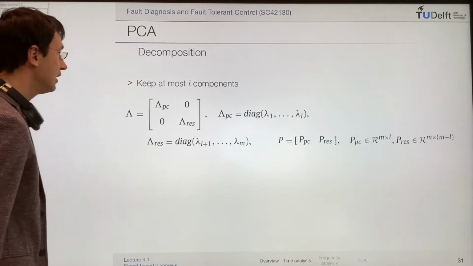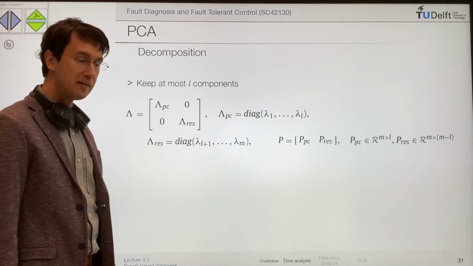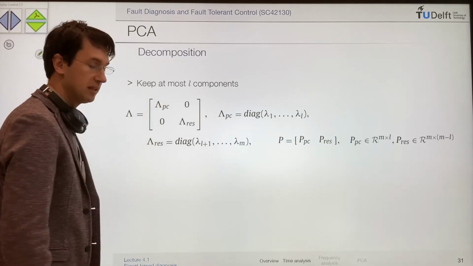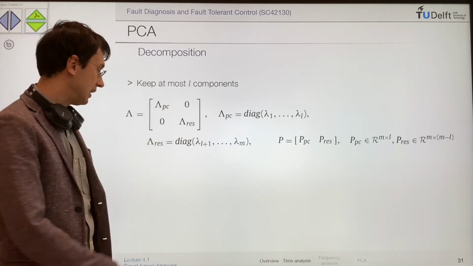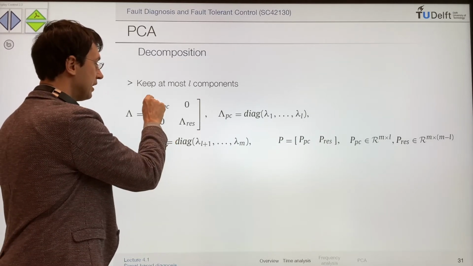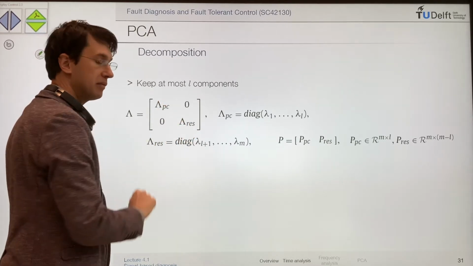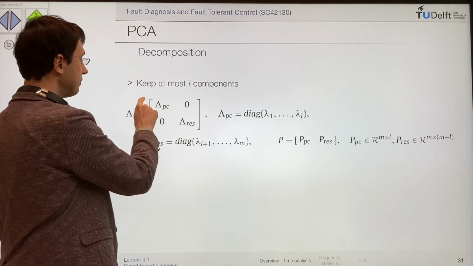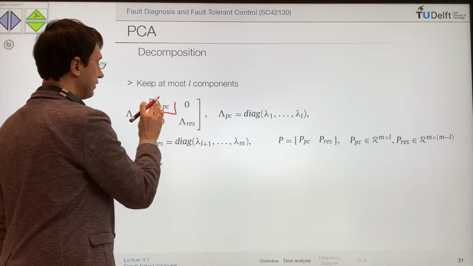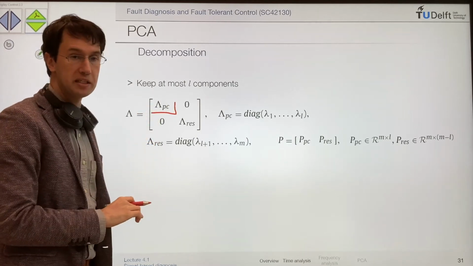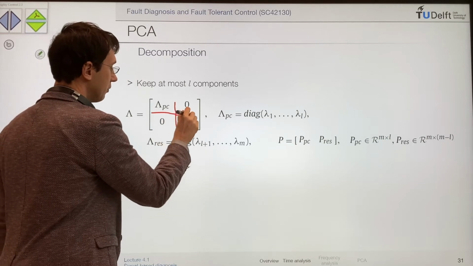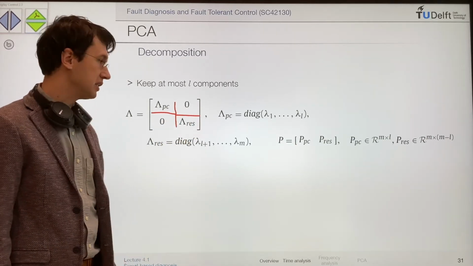We are going to look at only the most important components of lambda. Because if we assume that lambda is ordered such that you start with the biggest lambda and go to the smallest lambda across the diagonal, then you can split lambda into two blocks: the biggest, which are called the principal components, and the smallest, which are called the residual components.